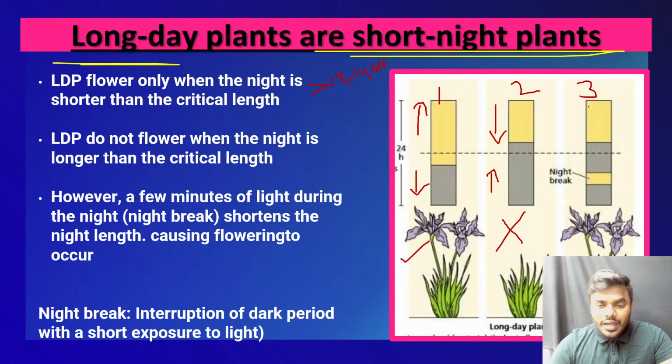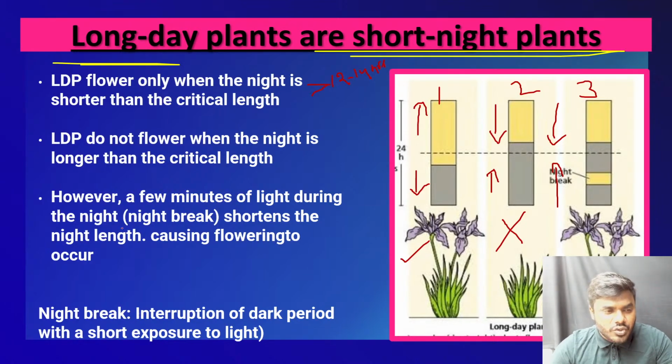That's the simple point. Now friends, once you look into the third one, listen to me carefully. Don't confuse. Originally which is more? Originally night is more. Which is less? Day is less. So 100% long day plant should not flower. But what happened? Every student listen.